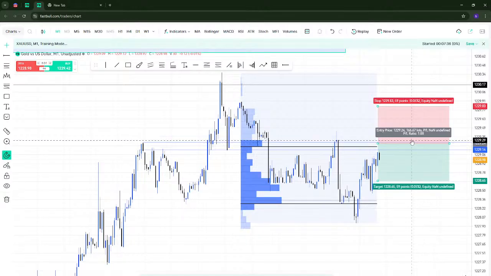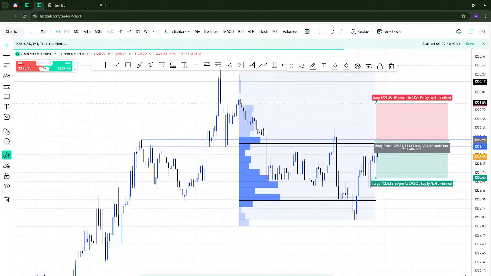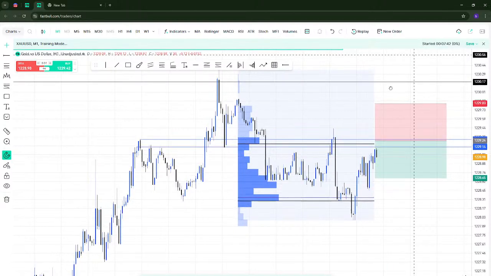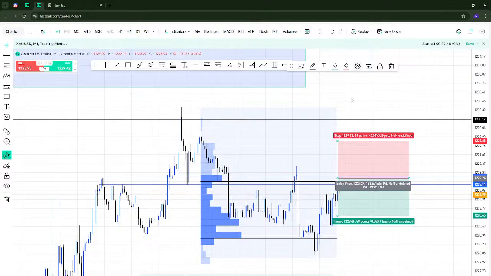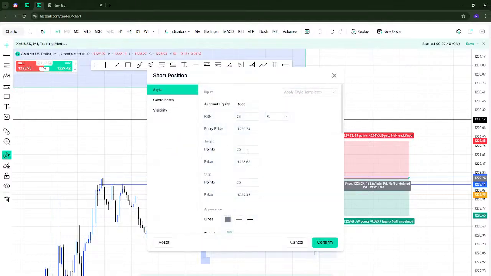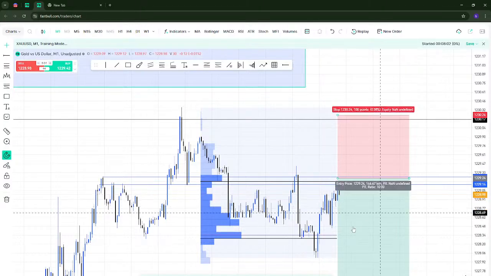Otherwise I don't know why it's not moving. I don't understand what's happening, but let me move it manually. Probably something like that.